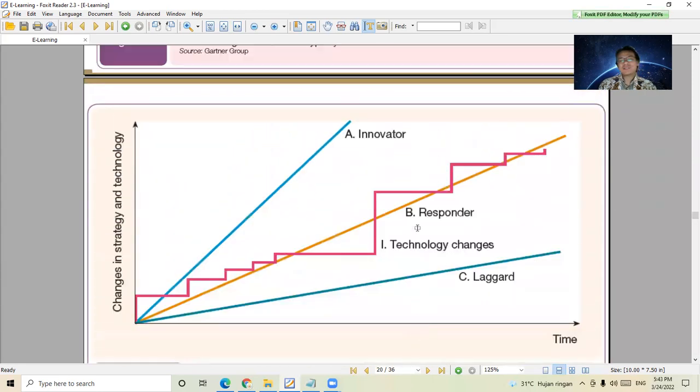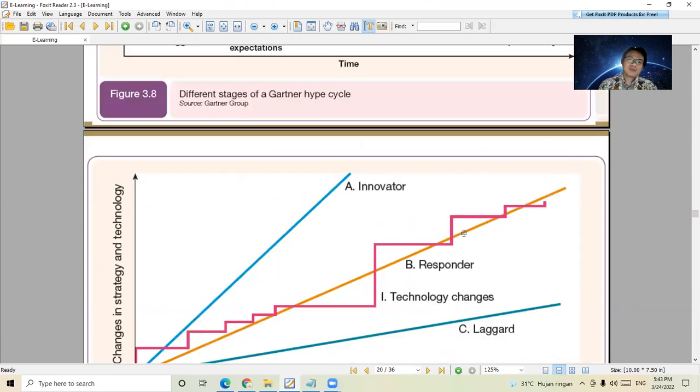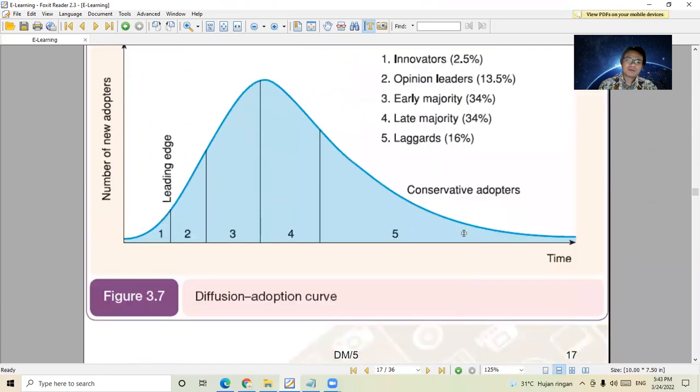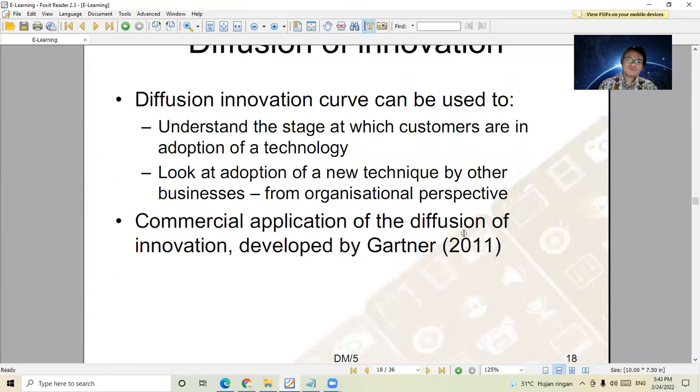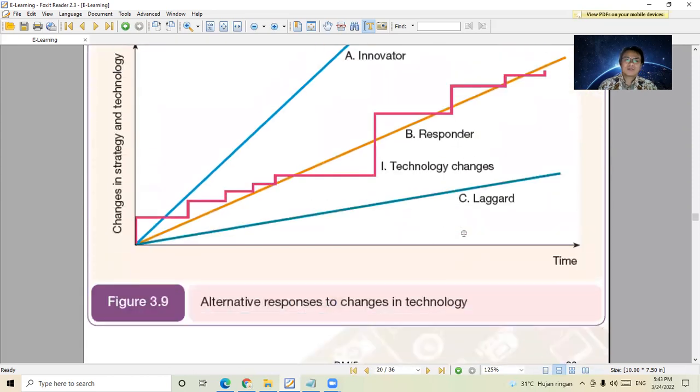Anyway, that's how the researchers illustrate how new technology is adopted by the consumers. We have at least three graphics or diagrams to explain that phenomenon, the adoption of technology.